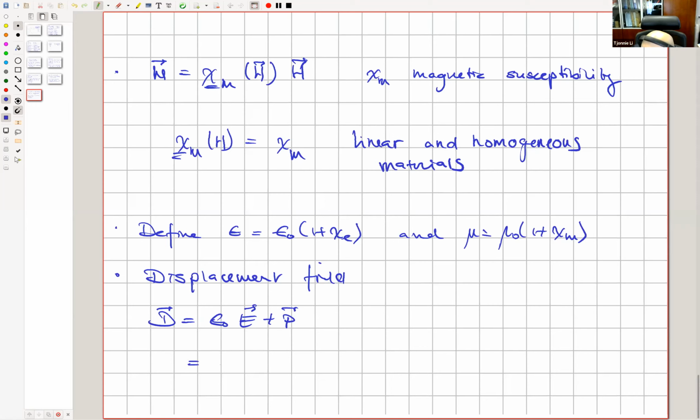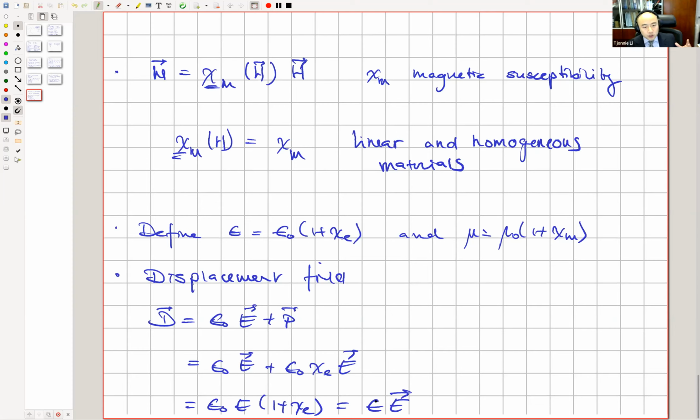We have epsilon naught E plus epsilon naught chi e E. This here is now epsilon naught (1 plus chi e) E. It's the same as just epsilon E. So indeed, we can see that the displacement field is just proportional to the electric field.